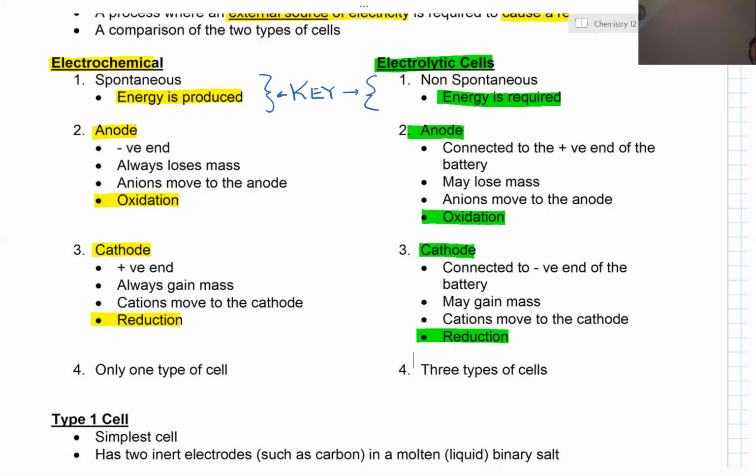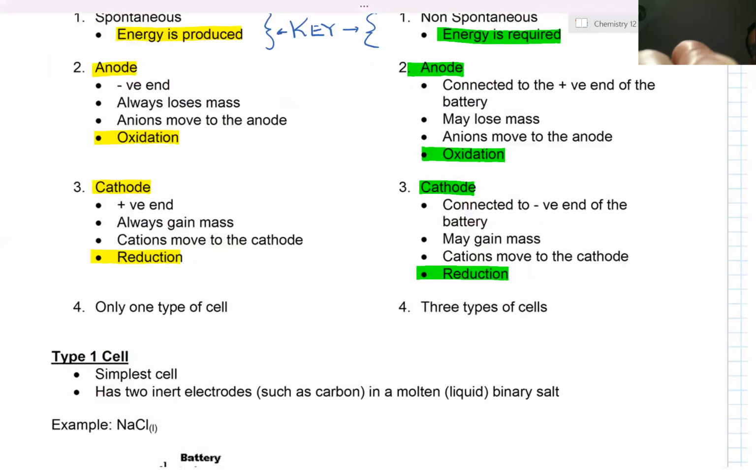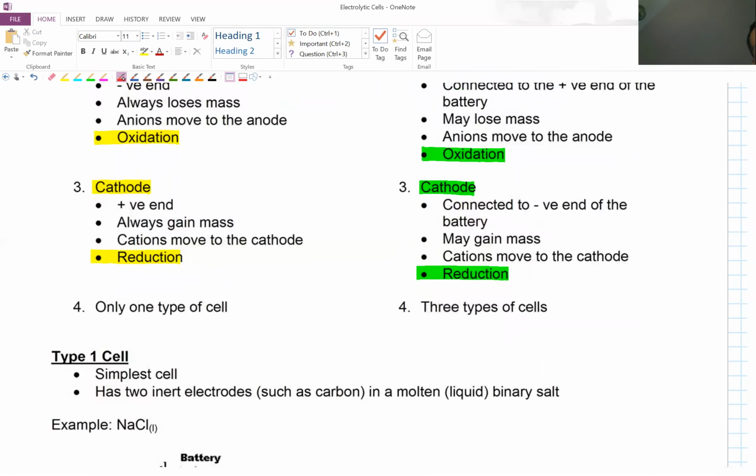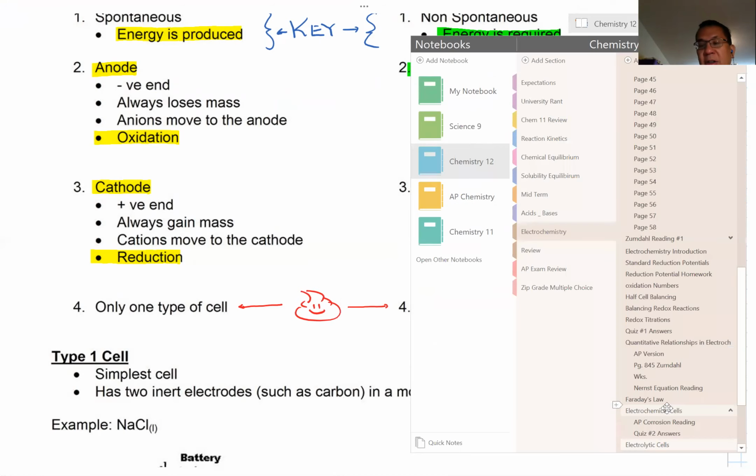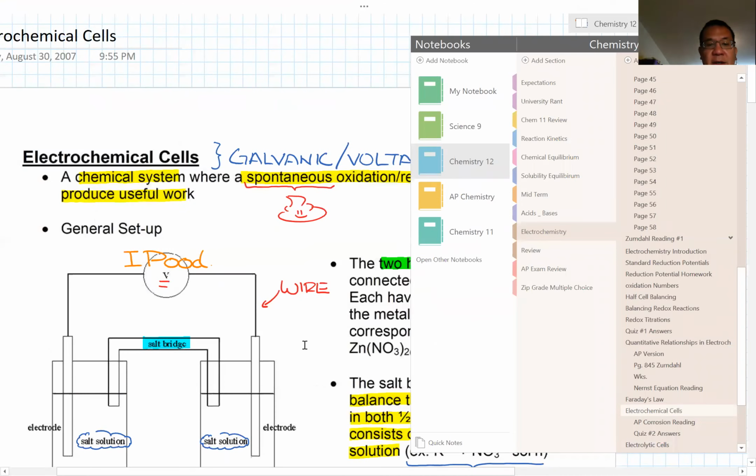Now, the other thing is this. Notice here, there's only one type of cell, and here there are 3 types of cells. What do I mean by this? You might say, well, Mr. Chan, last day's notes, if we change the different chemicals, wouldn't we get multiple different cells?